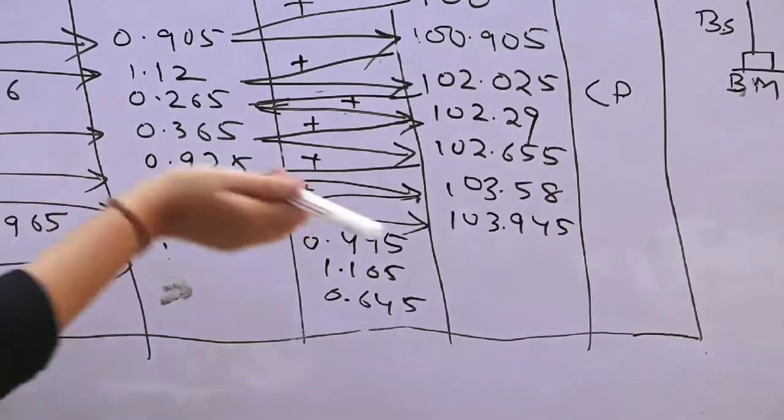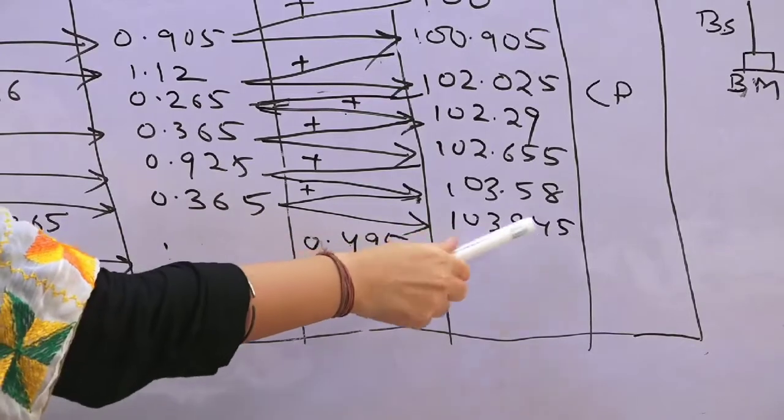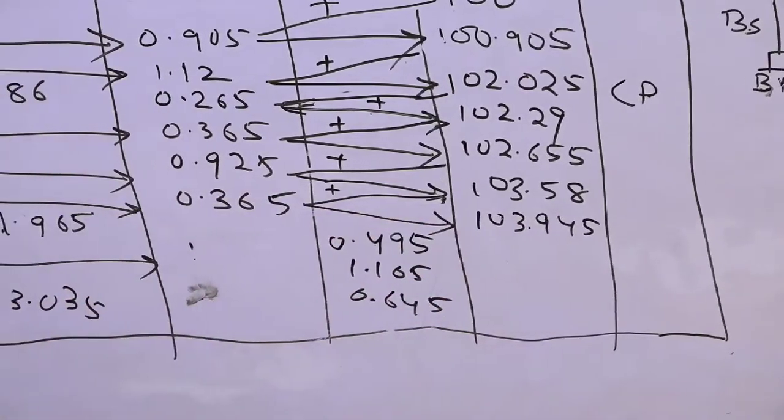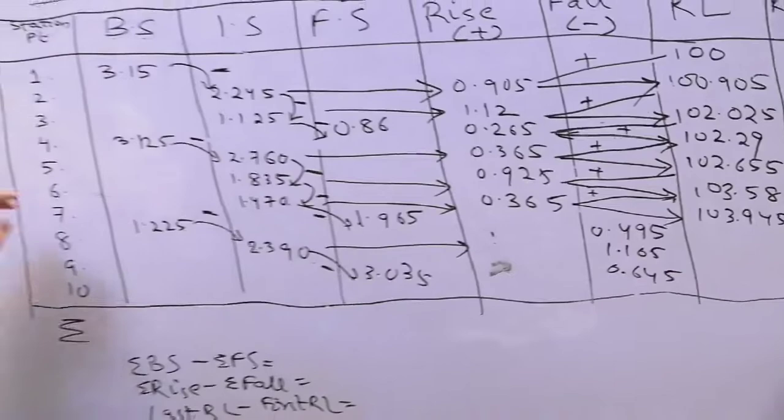Now see here, for 103.945 we got the seventh reading.